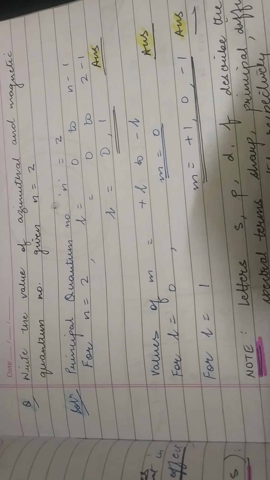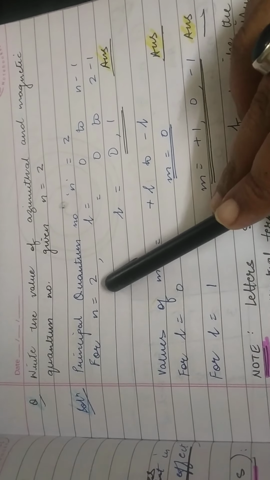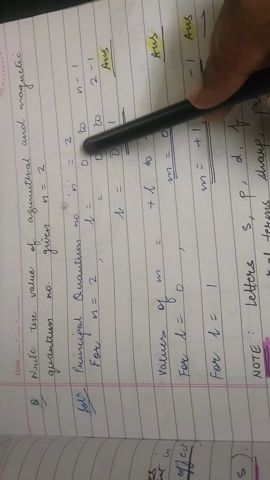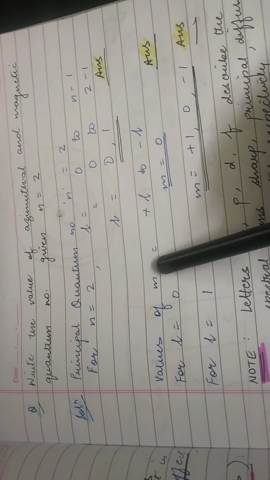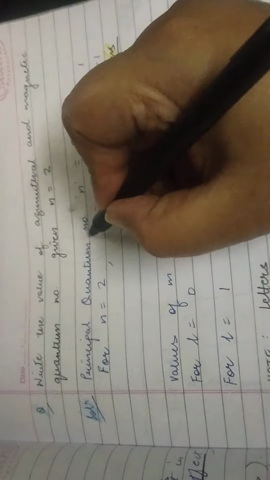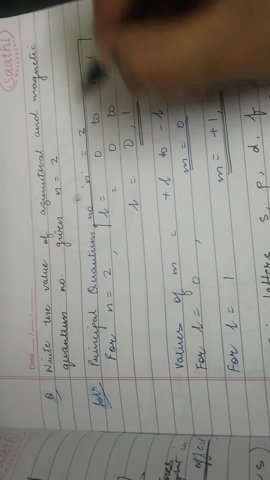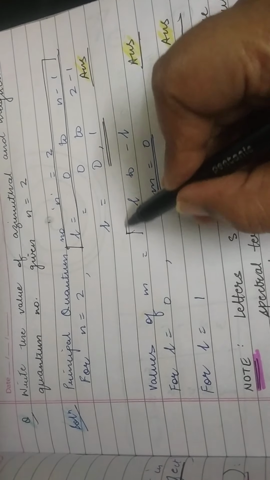I have told you in my previous two videos when I described the four quantum numbers. For a given value of n, l is equal to 0 to n minus 1, and for a given value of l, m is equal to plus l to minus l. So these two formulae we have applied, which I had described in the previous videos. One formula is this one, and the other formula is this one.